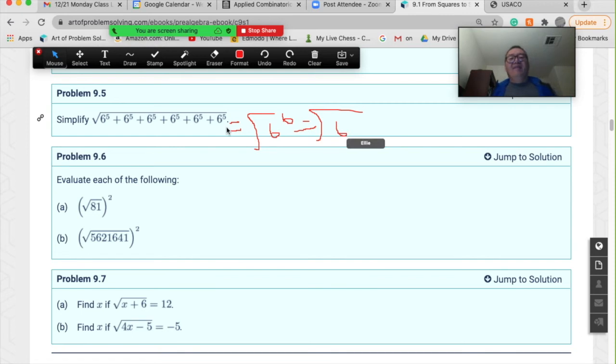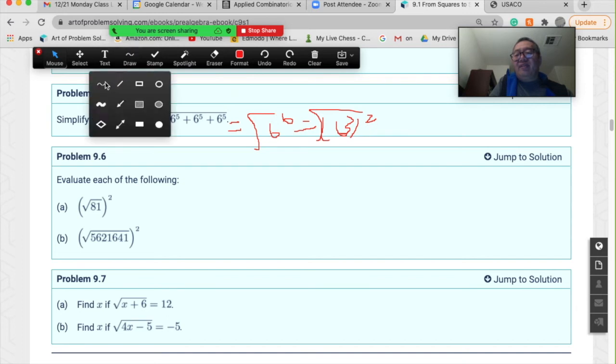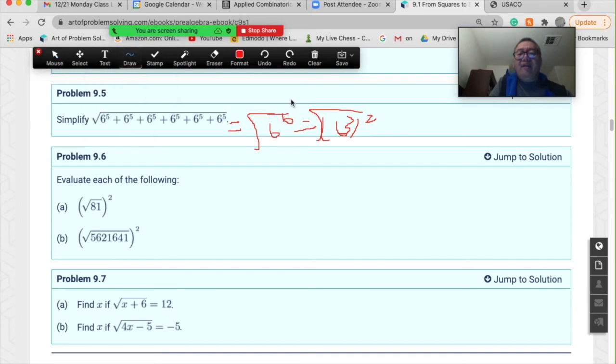So here that's 6 power 6, then square root. You need to write this one 6 power 3. Okay, that's okay. Just 6 power 3, which you just do 6 times 6 is 36 times 6 is 216. Yes, that's correct.